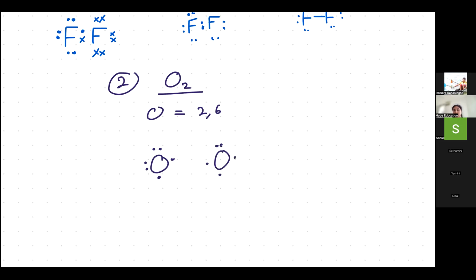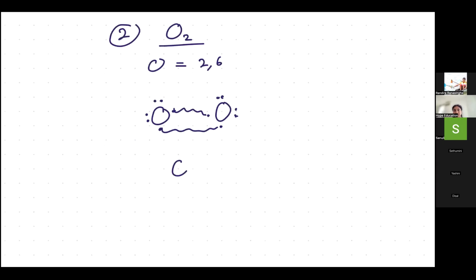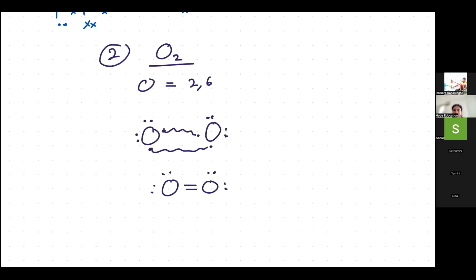Again, two are alone on each, so these two form two bonds. Like this. This is the Lewis diagram, the Lewis structure. So lone pairs I show in dots and bonds I show using lines. It is possible to draw the dot and cross as well.